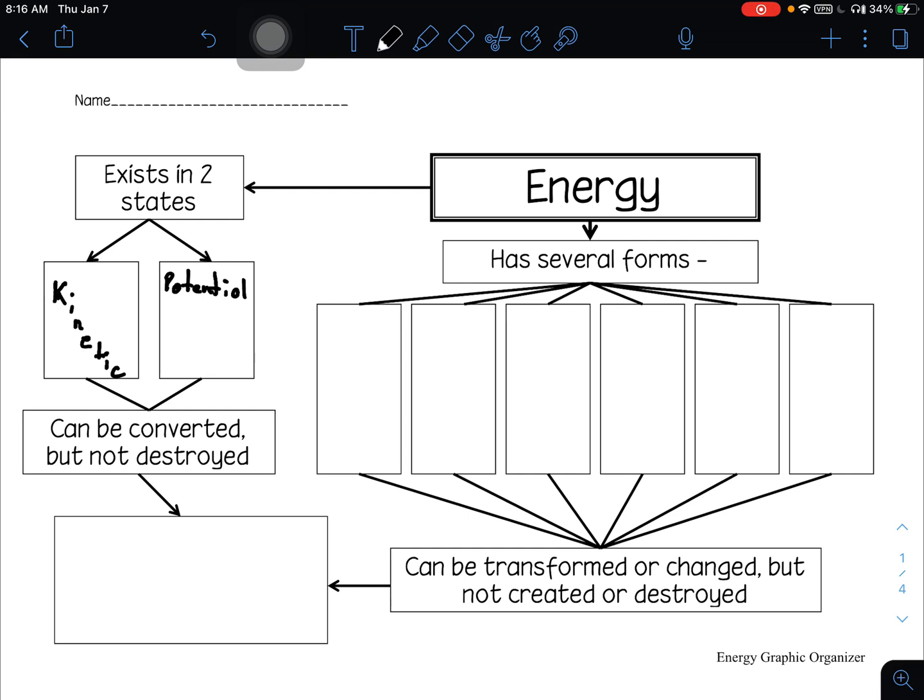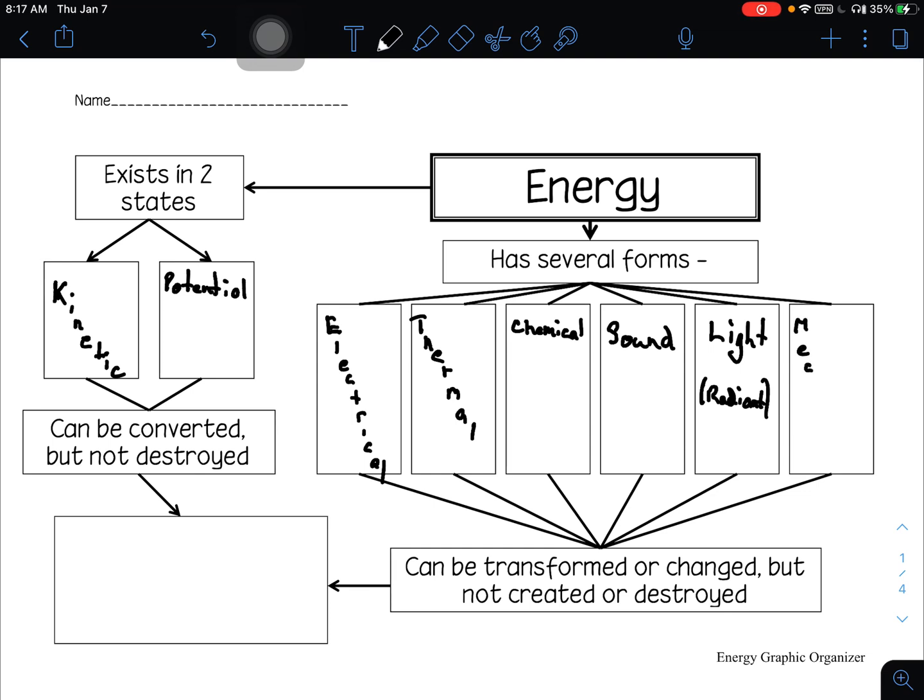Okay, it also can be in other forms which we discussed today, such as electrical, thermal, chemical, sound, light, which is also referred to as radiant energy, and mechanical.